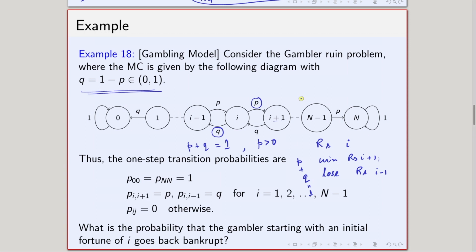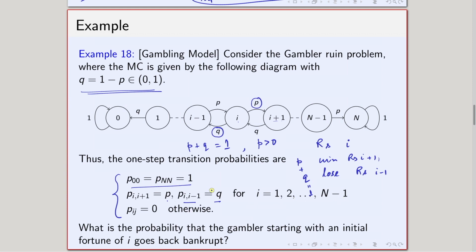Now if you write this in mathematical notation, p00 is 1, pnn is 1, so these two are 1. Then p from I to I plus 1 is p, p from I to I minus 1 is q, and this is true for all I in between except 0 and n, so I equals 1 to n minus 1.